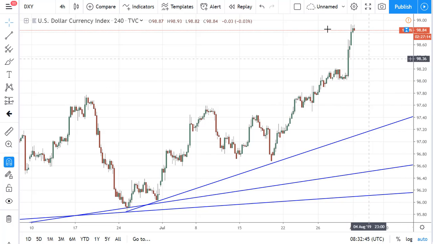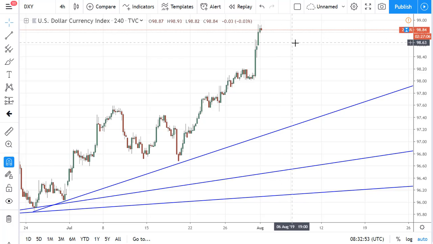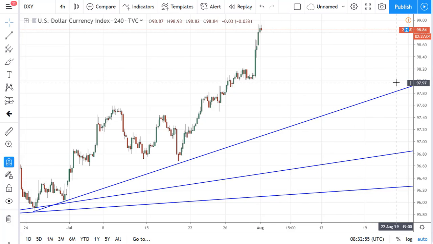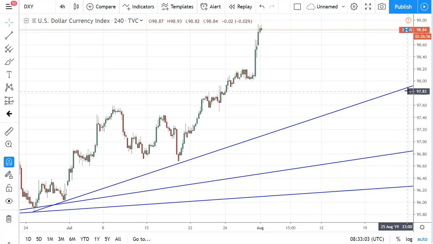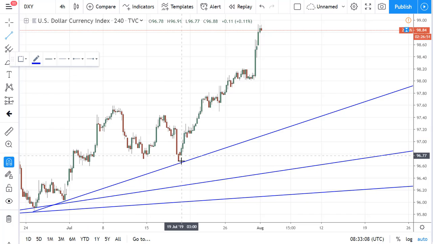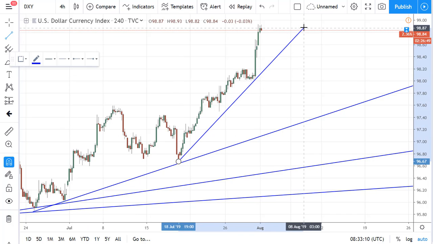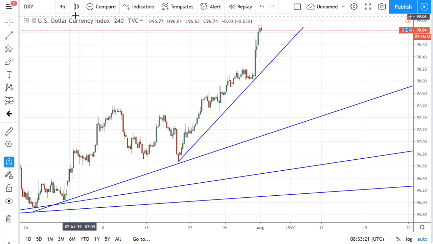Price doesn't move like this, so it's not going to drop to 97. It's going to maybe correct a little bit, and by the time we get to the 98, around this area where price seemed to struggle a bit, we also find this line over here. Same perspective, as long as this is in, it's quite obvious that this is a bullish move. So that's where we're at right now.